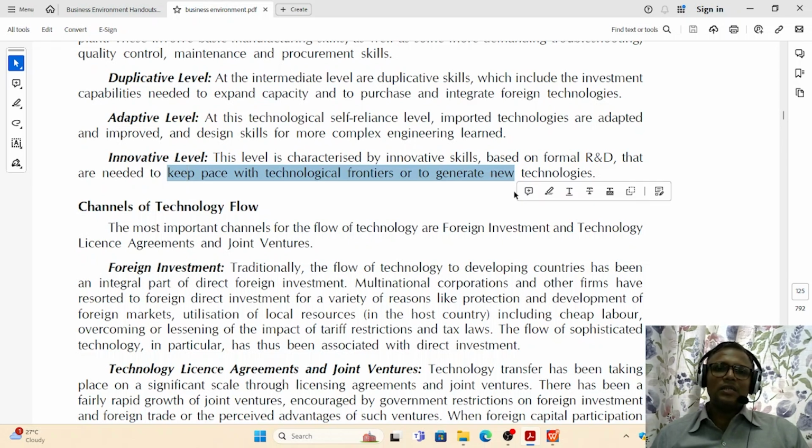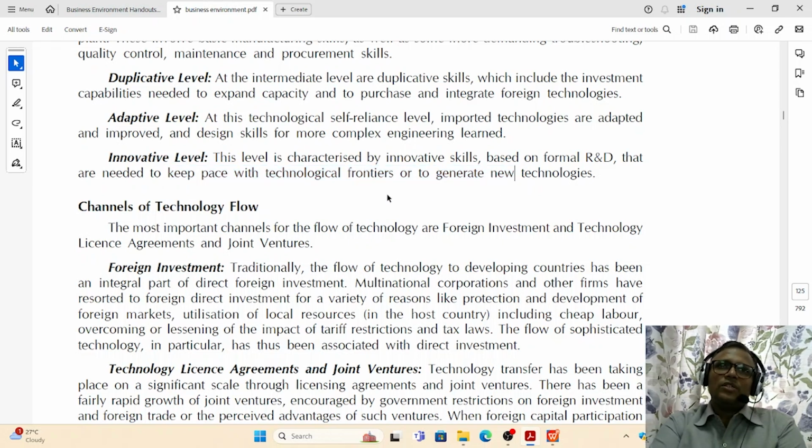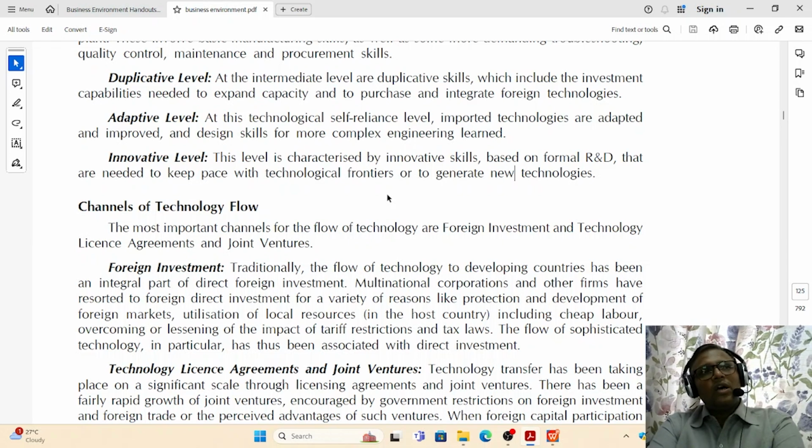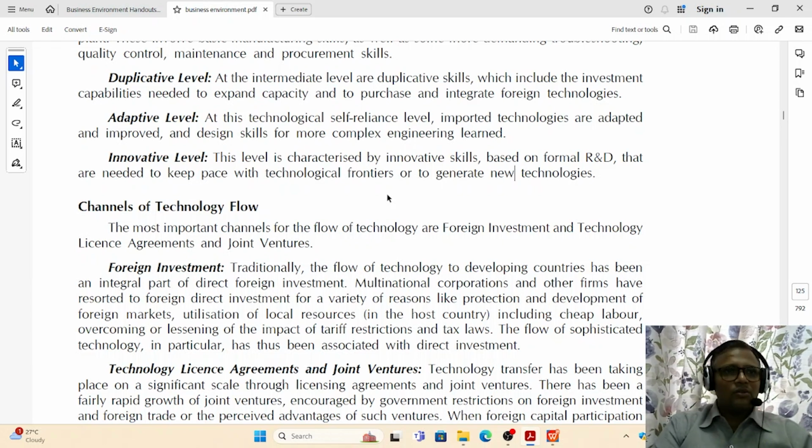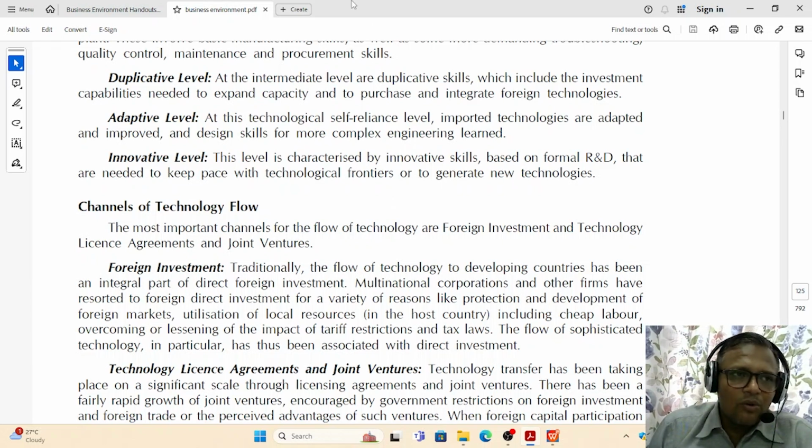The innovative level is not very common, but is found more in manufacturing firms or research firms at the frontier of research, because innovation comes through deep analysis and getting solutions. But remember, innovation can even come through the grassroots level, through anyone.